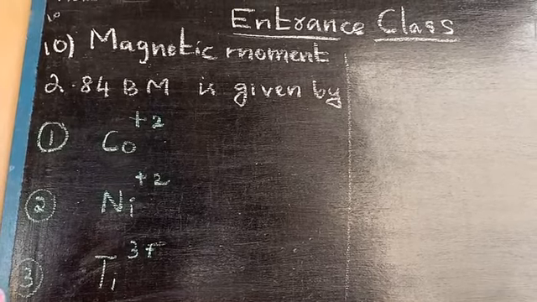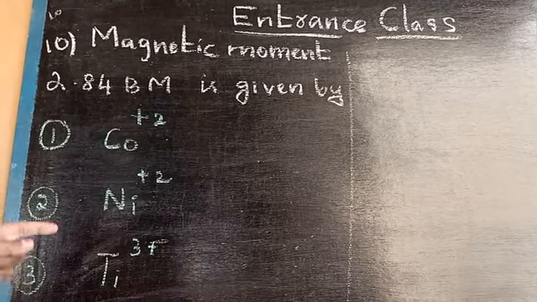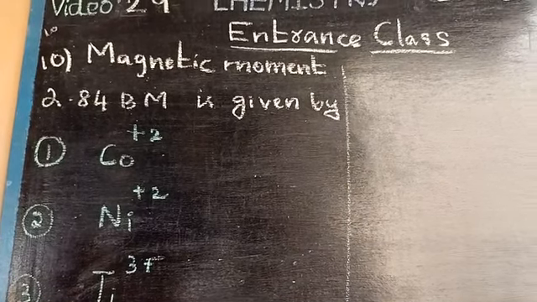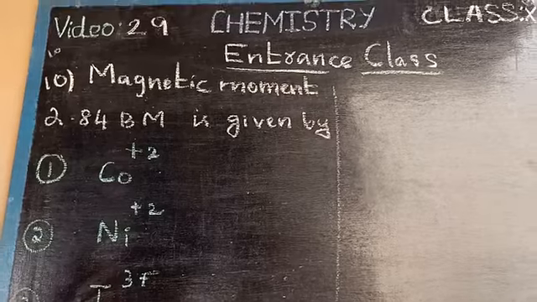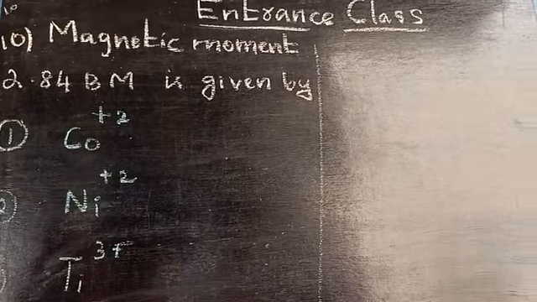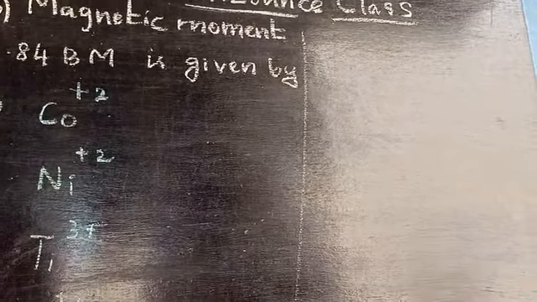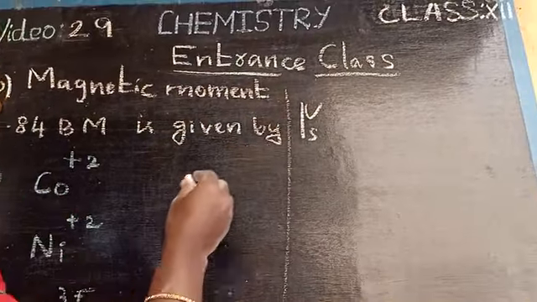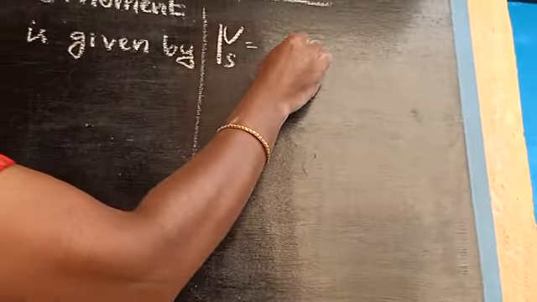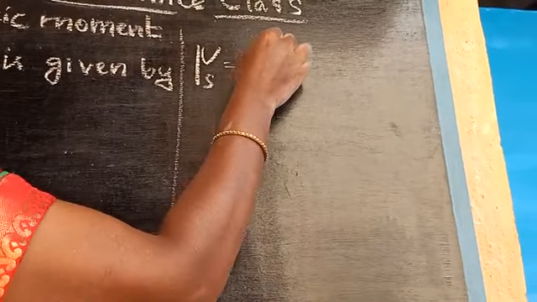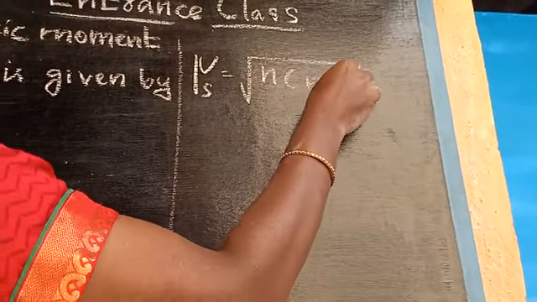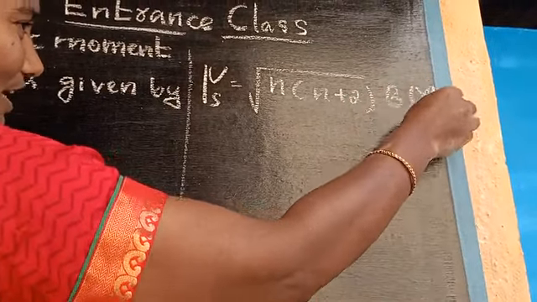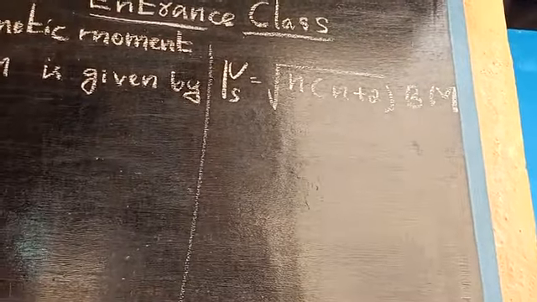For this type of question we must know the magnetic moment calculation formula. So mu, the spin-only magnetic moment, equals root of n(n+2) BM, Bohr magneton. This is the formula.